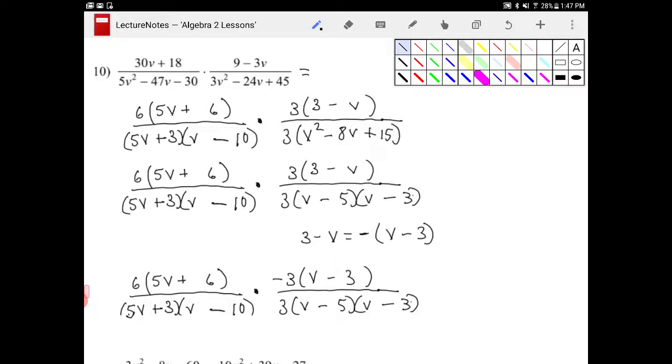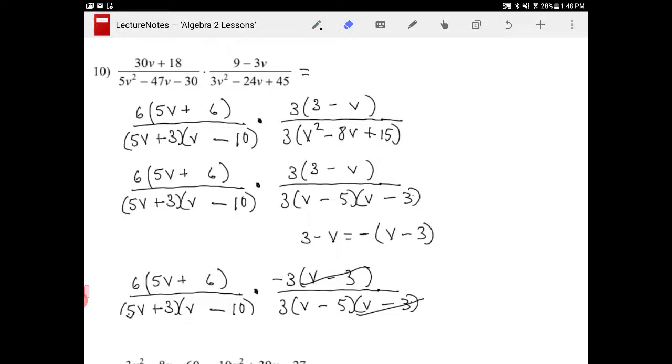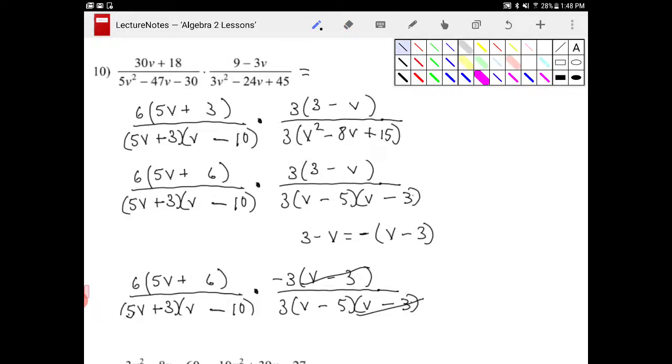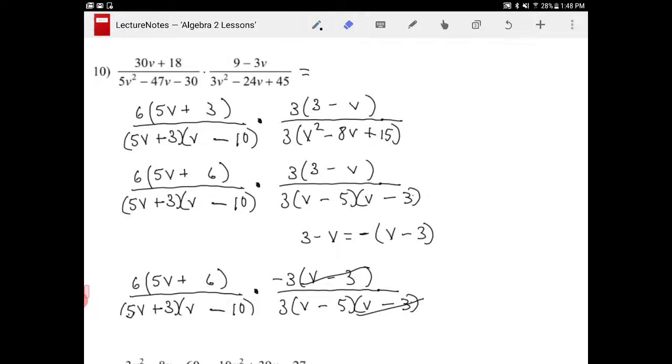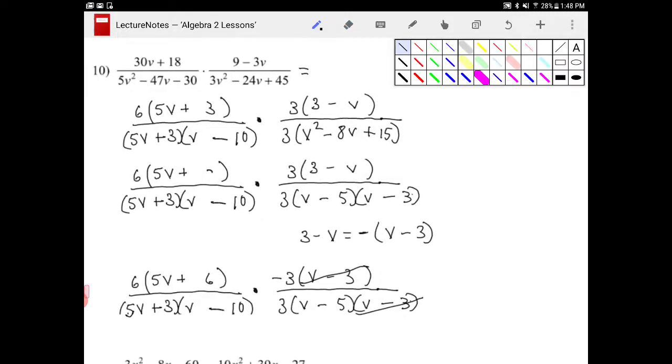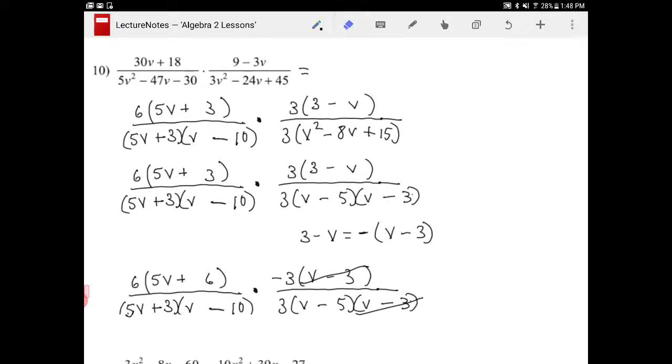I see here that I have a v minus 3 with a v minus 3. And I made a mistake over here. This should not be 6, this should be 3, because 6 times 3 gets you 18. And then this guy here should be a 3, and this guy here should be a 3.